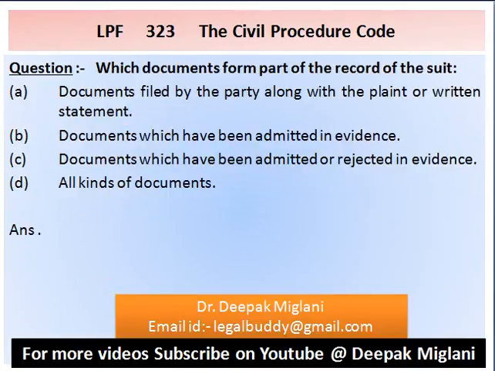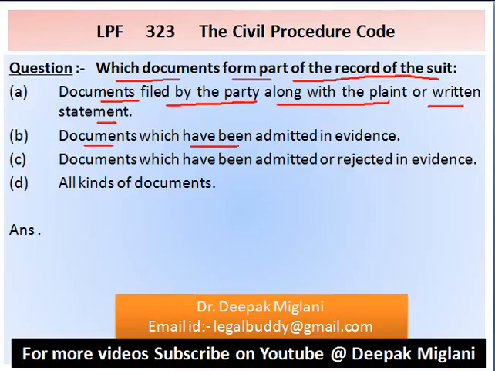Question number 323. Which documents form part of the record of the suit? Option A. Documents filed by the party along with the plaint or written statement. Option B. Documents which have been admitted in evidence.